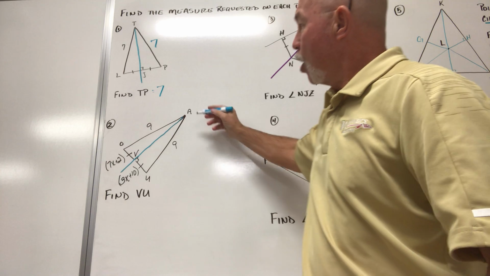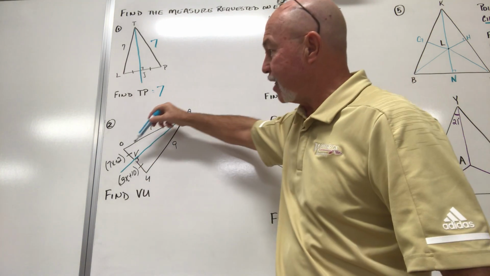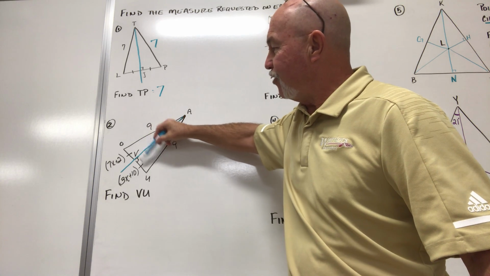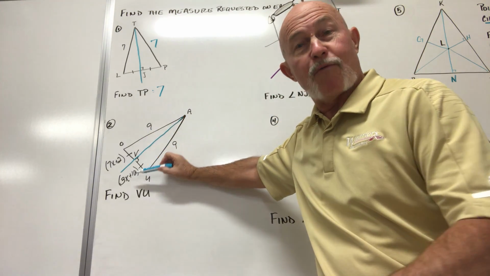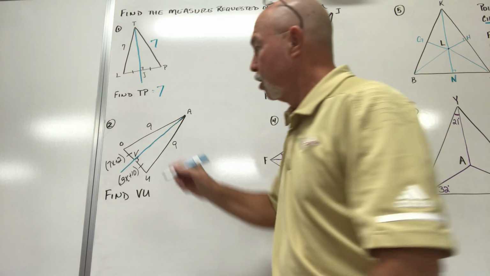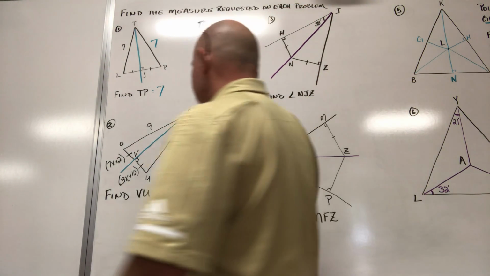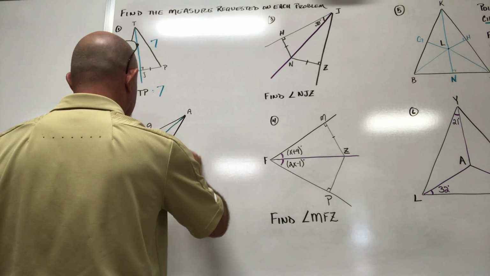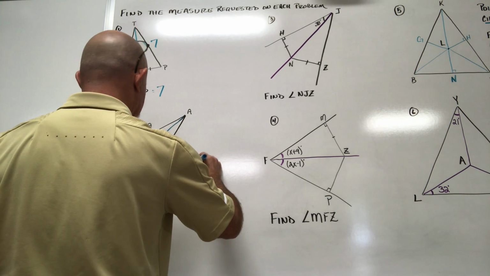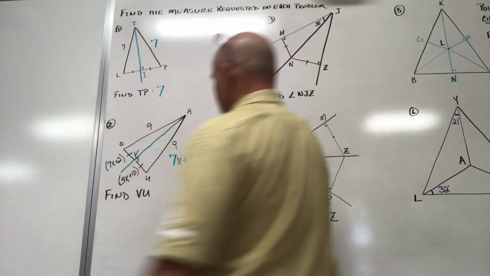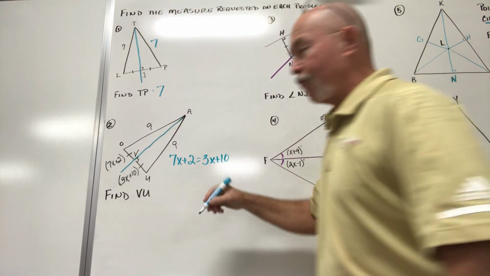Okay, down here, we have a perpendicular bisector. It bisects the side. We want the length of VU. Well, to do that, we have to find the value of x. So, since these are equal segments, that's our equation. And we're just going to solve for x.